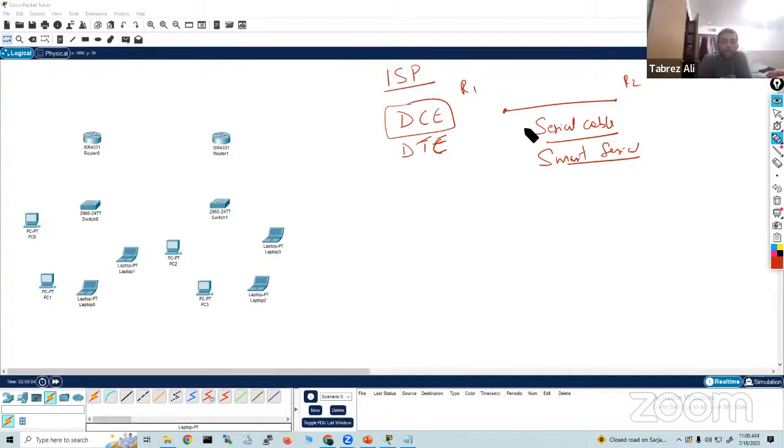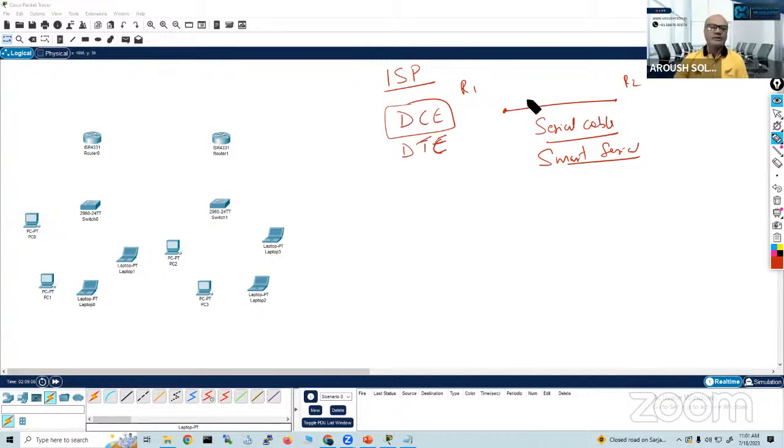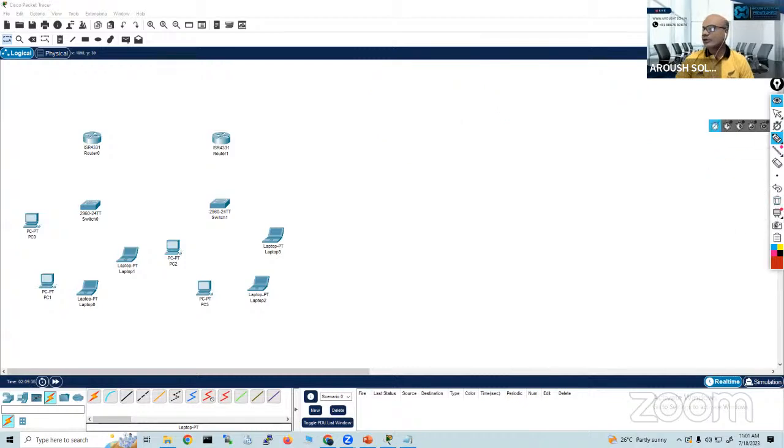When you take an internet connection, depending upon how much you pay, that much bandwidth they will give, like 100 Mbps, 200 Mbps, 300 Mbps. We cannot control that bandwidth. It can be configured only on the ISP side, so they will configure it on your DCE interface. Remember that.